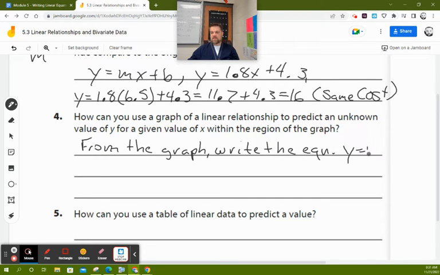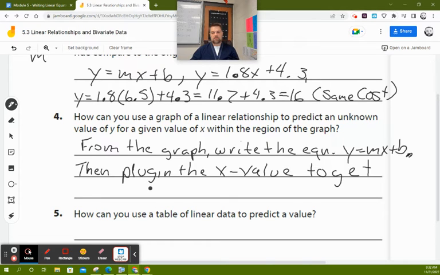Y equals mx plus b. Then plug in the x value to get, yeah? What is after, this is right though?